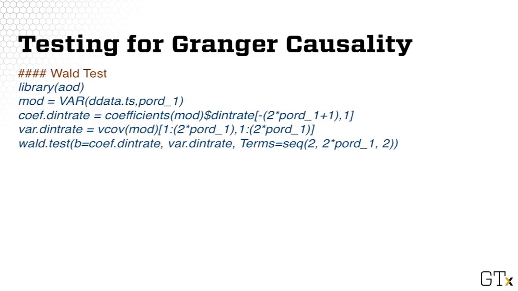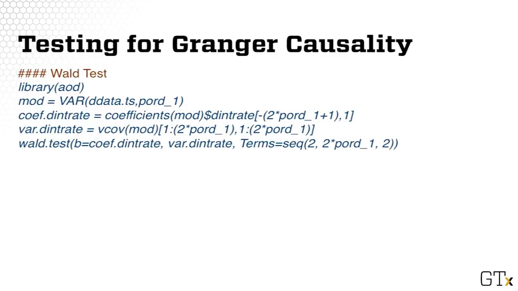The covariance matrix of the coefficients is defined here as var$d_int_rate. We apply here the Wald test, but not on all the coefficients, only on those corresponding to the lagged values of the unemployment time series. Hence, this specification of the terms option equal to the indices for the coefficients corresponding to the unemployment time series.